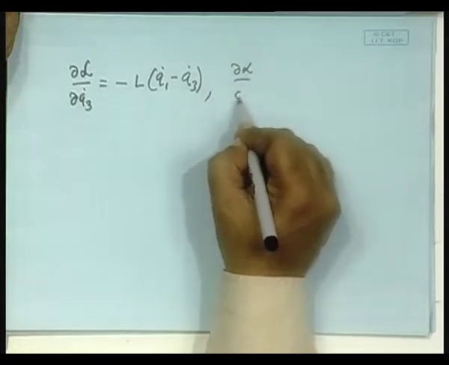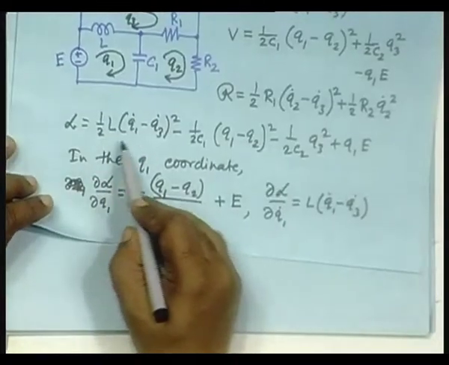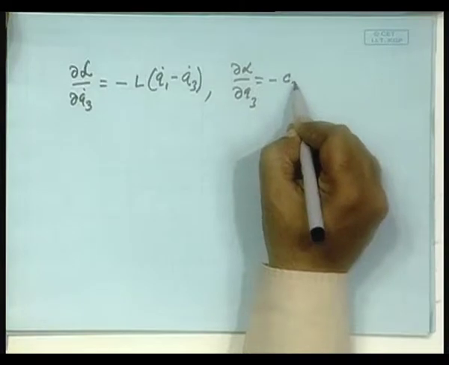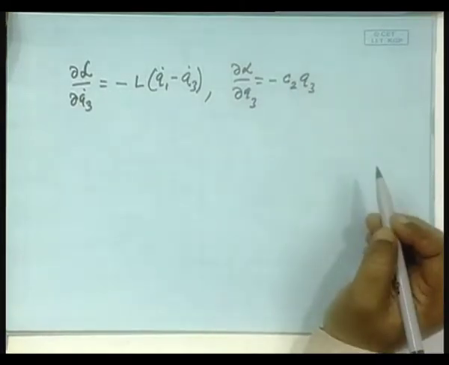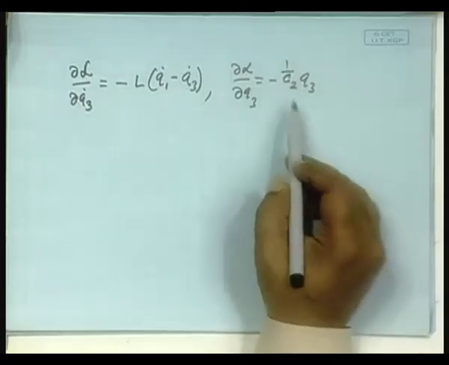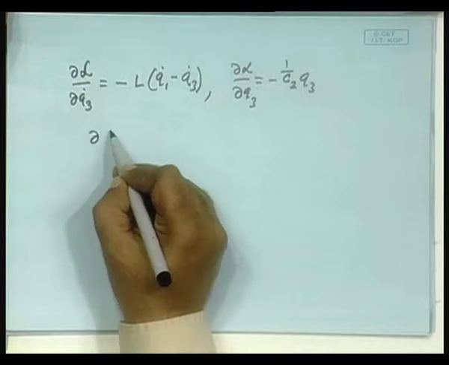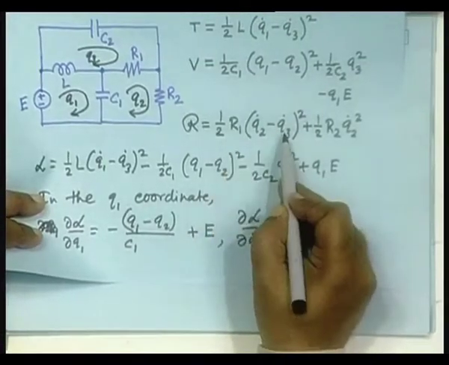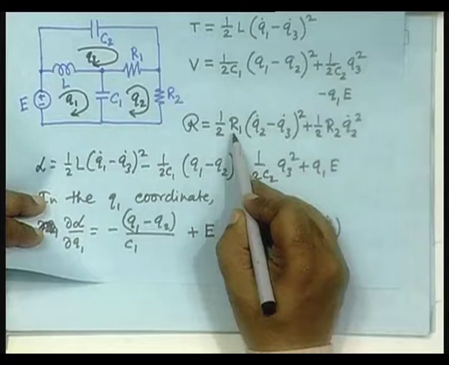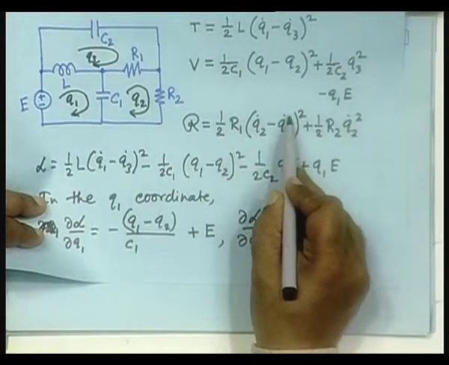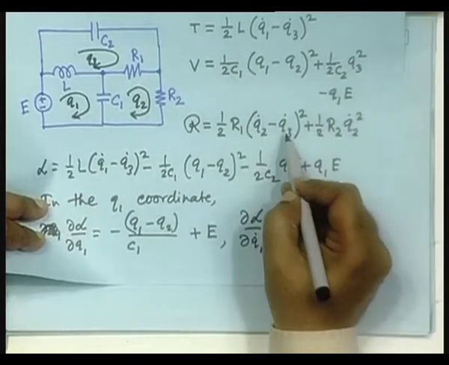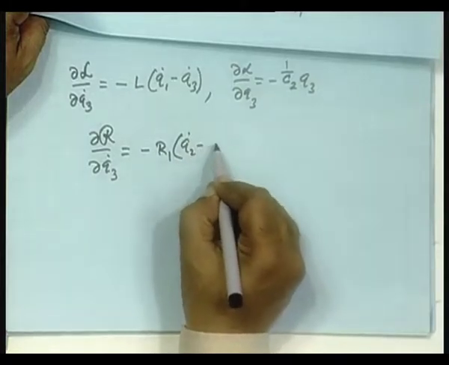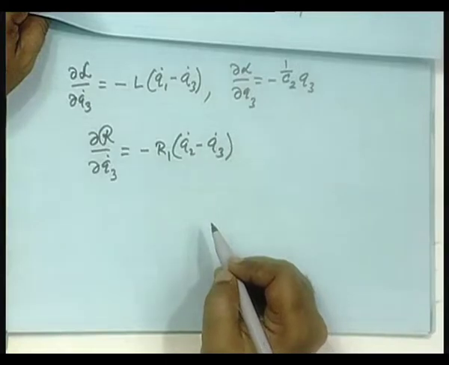The derivative of the Lagrangian with respect to q3 is minus C2 q3. And here again it will lead to a minus sign. So, R1 (q2 dot minus q3 dot), and the second will lead to a minus sign, so minus R1 (q2 dot minus q3 dot), and this is 0.